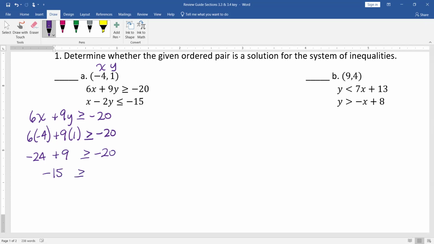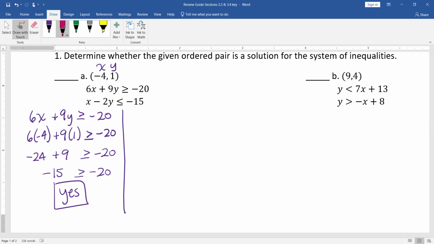Now be careful, when both numbers are negative, the smaller number is actually a greater value because it's higher, more to the right on the number line. So this is a true statement. So I'm going to put yes. This one is true. -15 is greater than or equal to -20.